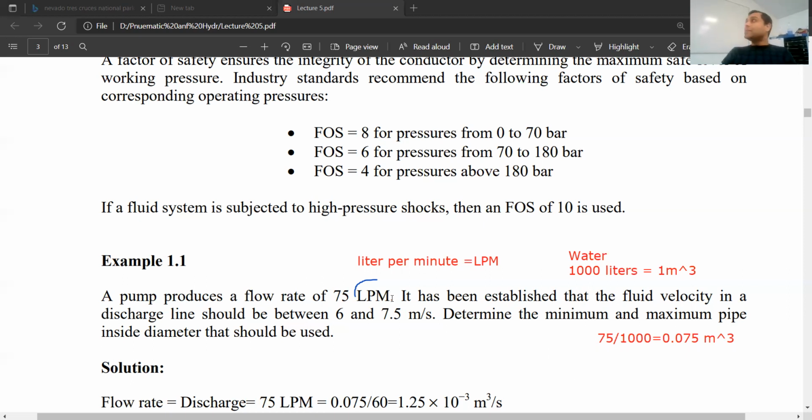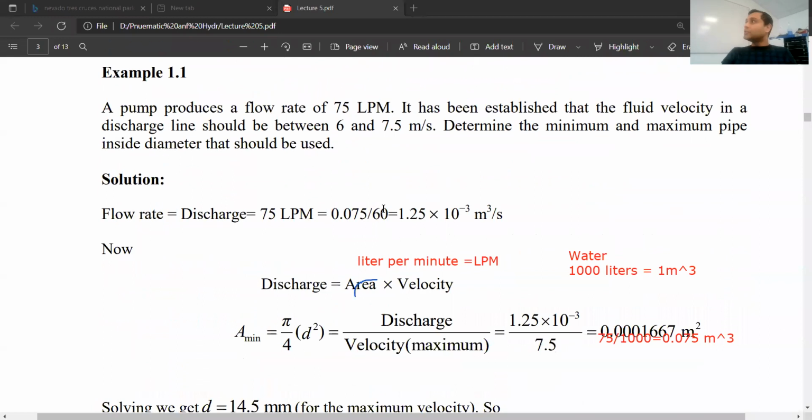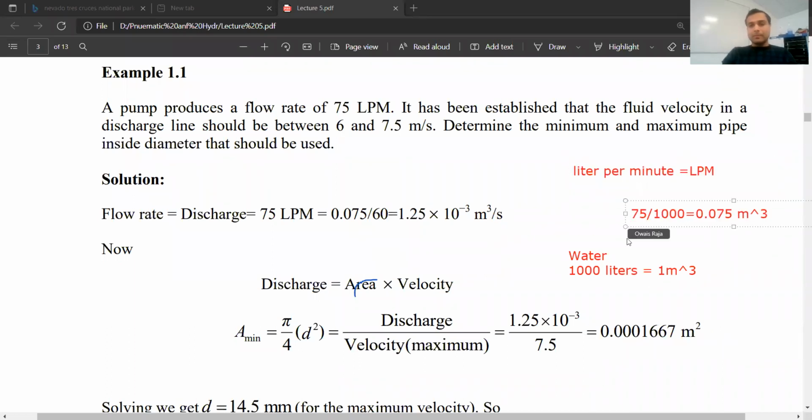Now it's per minute. We need to do per second. So we need to divide this by 60 because there are 60 seconds in a minute. Okay, and that will give you 1.25 times 10 to the minus 3 meters cube per second.